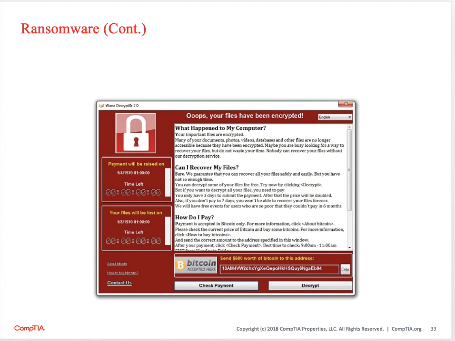Because it says your important files have been encrypted. You can recover your files, but you have 3 days to submit a payment, and after that, the price is doubled. So we have the countdown clock here, and if you don't pay in 7 days, you'll never get your files back. And they also have free events for people that couldn't pay at all in 6 months, right? So it says, how do I pay? It says they only accept Bitcoin.